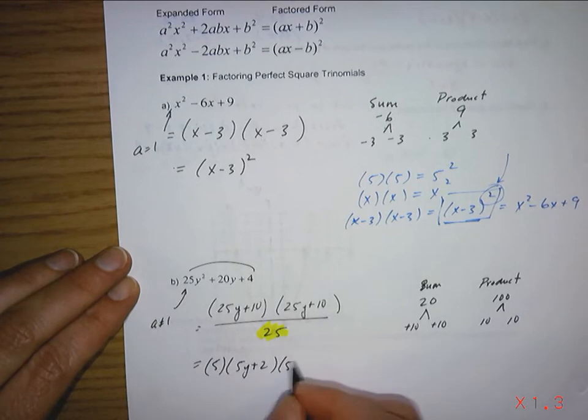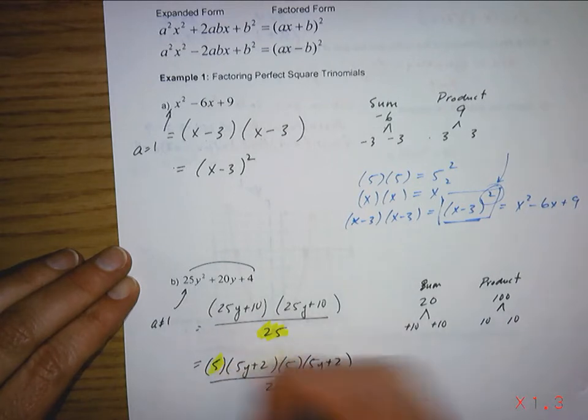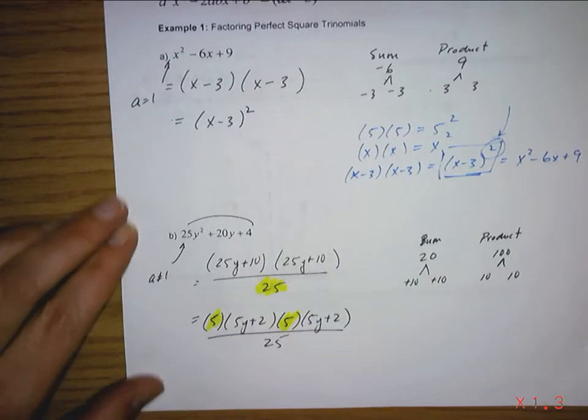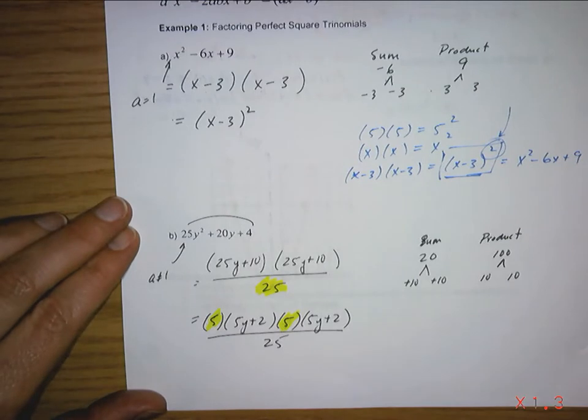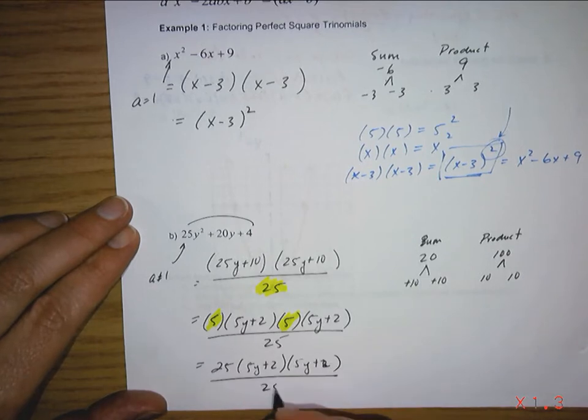We can take a 5 out of here, which is 5y plus 2 again, over top of 25. See this 5 here? See this 5 here? Those two 5s can go together to give me a 25. So it's going to be 25, 5y plus 2, 5y plus 2, all over 25.